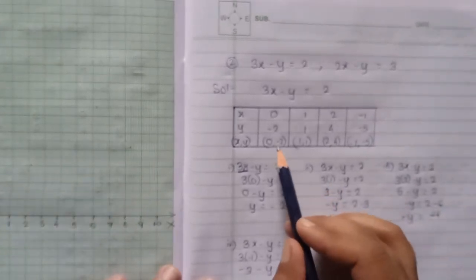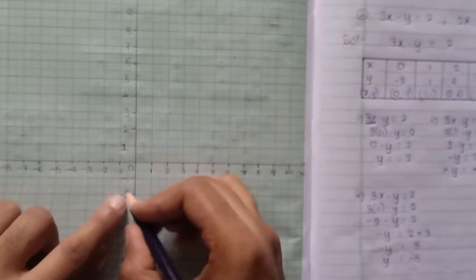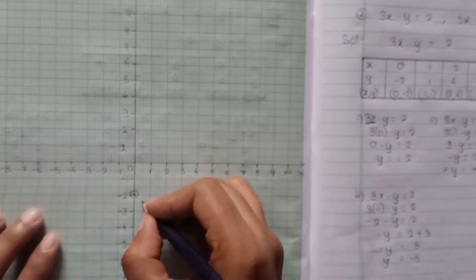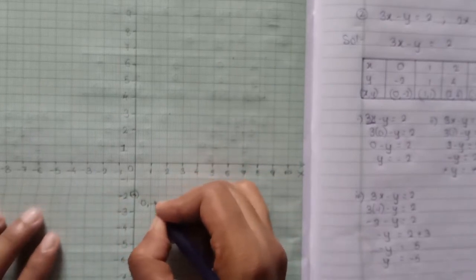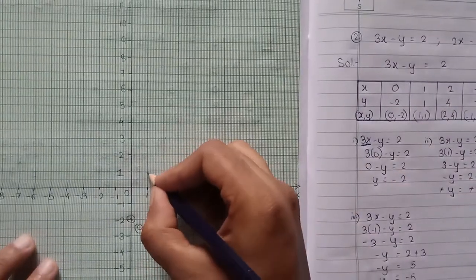Okay, same steps. First plot the points of the first equation. The first point is 0 comma minus 2. X is 0 and y is minus 2. So this will be our point. Name it 0 comma minus 2. The next point is 1 comma 1. X is 1 and also y is 1.